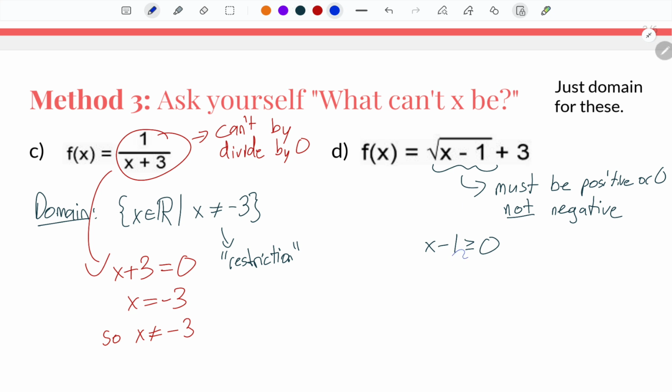So you can actually rearrange what we'd call this inequality, just like you would an equation. And for the most part, inequalities can be arranged pretty much the same way as equations. So I can move that 1 over, adding 1 to both sides, which gives you x is greater than or equal to 1.